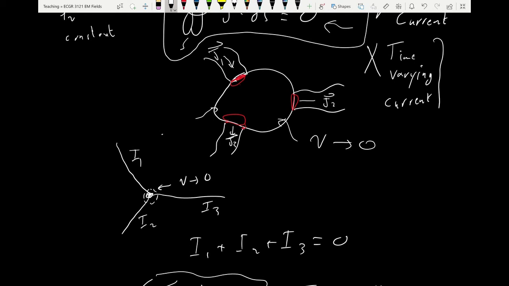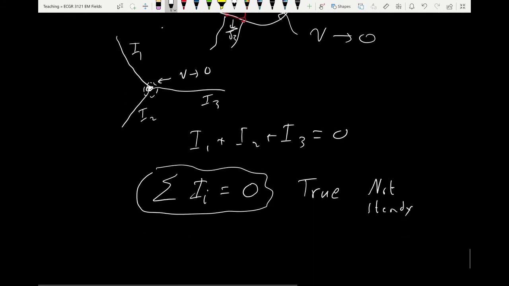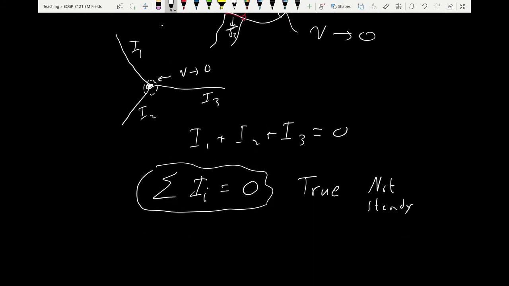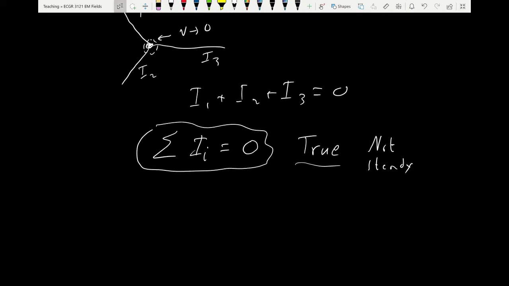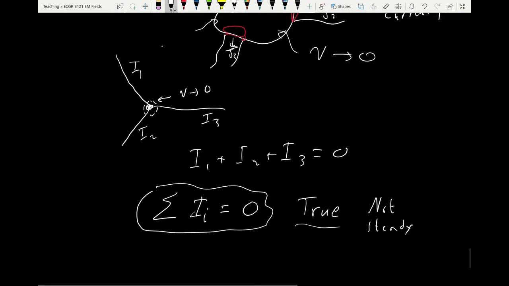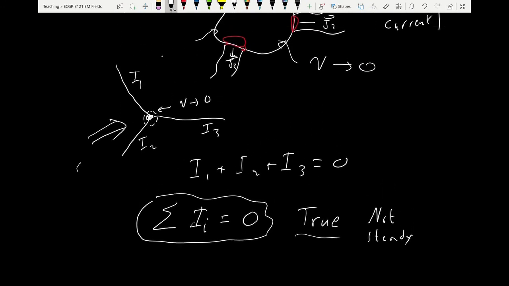So only in that idealized context, where there are no current densities, the currents are all lumped into a line, and the volume is lumped into a node that has zero volume, only in that case is Kirchhoff's law true, right? So Kirchhoff's current law is true for this scenario, whether the current is steady or time varying.